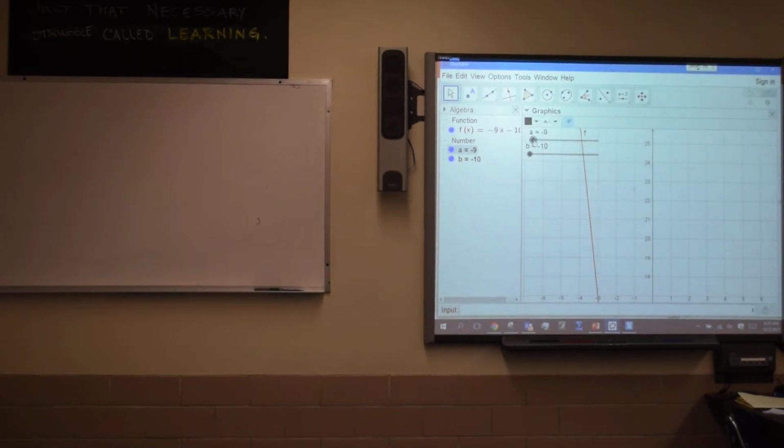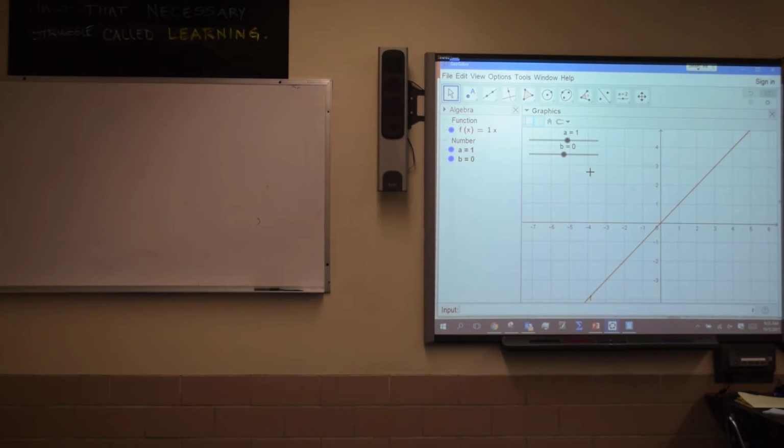Okay, so the one that you're maybe most familiar with, the most simplistic parent function that we can have for a line, is y equals x. That's what we got right here, right? Okay. But we can start changing it, we can add numbers to it, or we can multiply it by some real number, some constant, some multiple, and we get then what looks like new graphs, right?